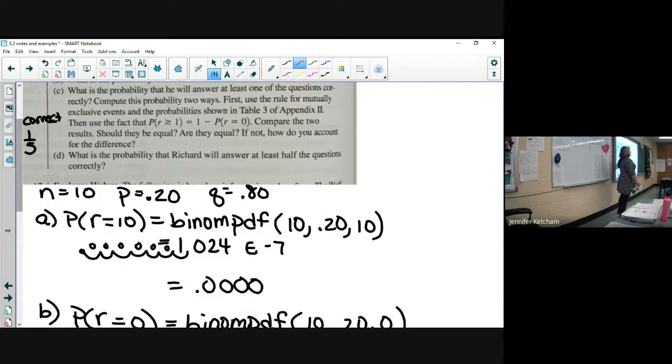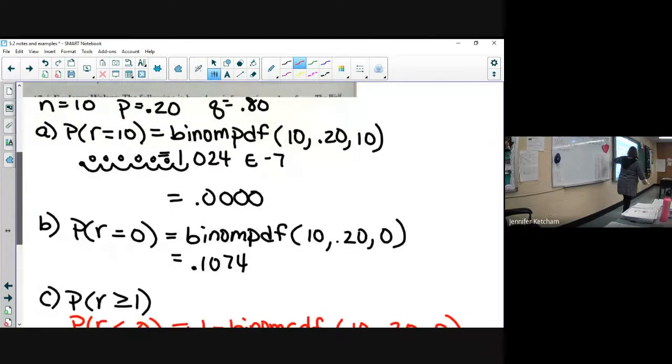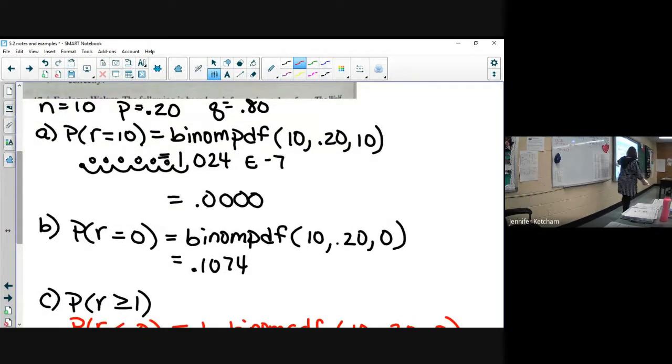Like when they did the incorrect one, where was that? That was this one? Yes. All incorrect. You could ultimately change your probability of success to 80% and change that to 10.